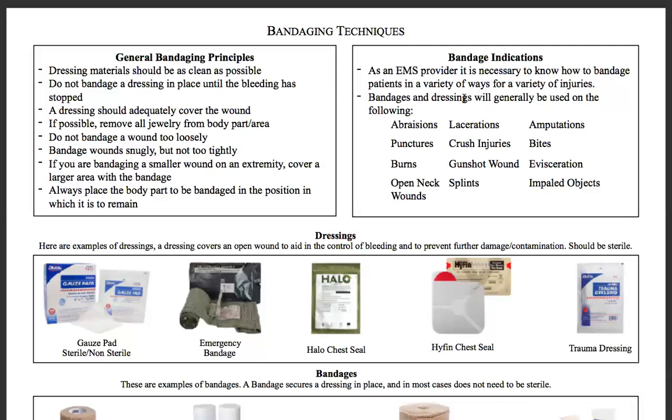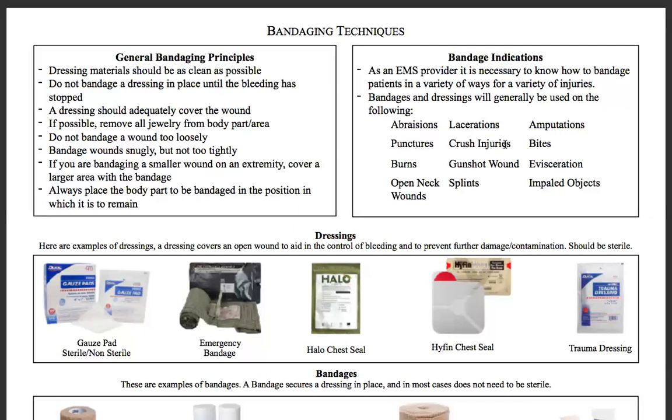Bandages and dressings will generally be used on the following: abrasions, lacerations, amputations. Make sure if you have somebody that has an amputation, you actually take the amputated part with you, preferably in a bag, on ice, wrapped up.